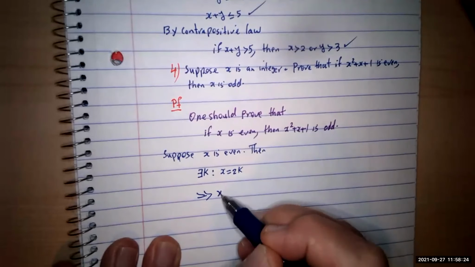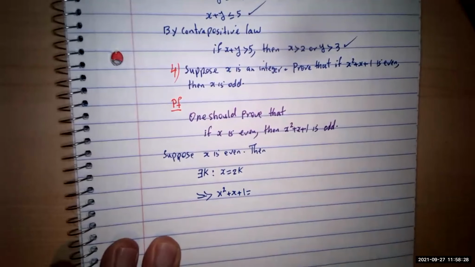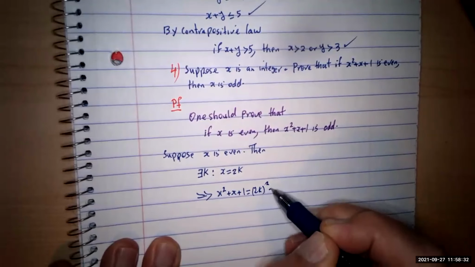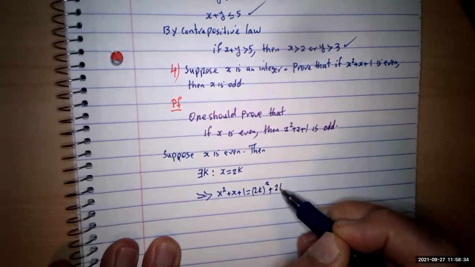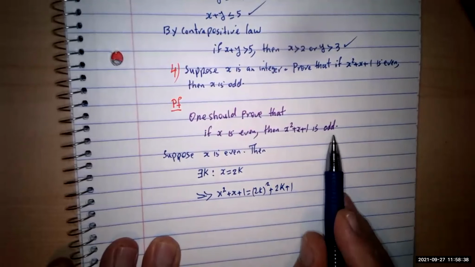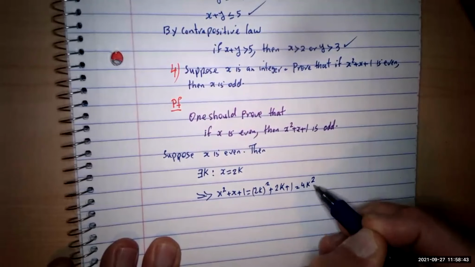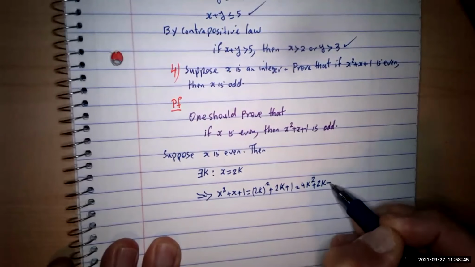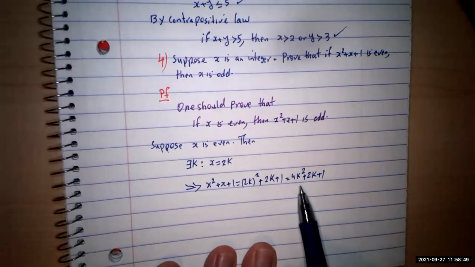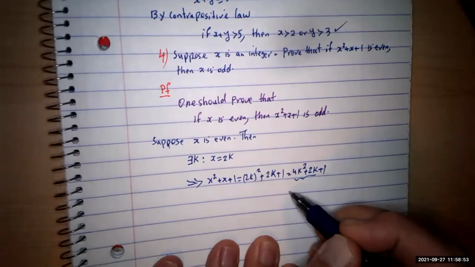So we want x squared plus x plus 1. We substitute, so that gives us 2k squared plus 2k plus 1. You work on this one to get an odd number. So that gives us 4k squared plus 2k plus 1. As usual, you want a form of 2k plus 1, so you better pull out the 2 here.